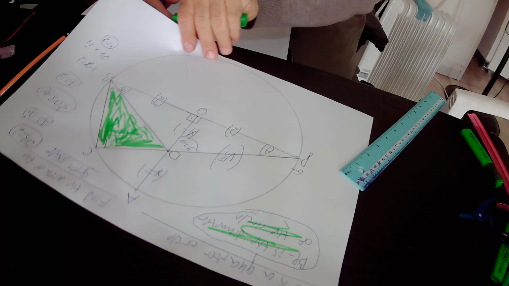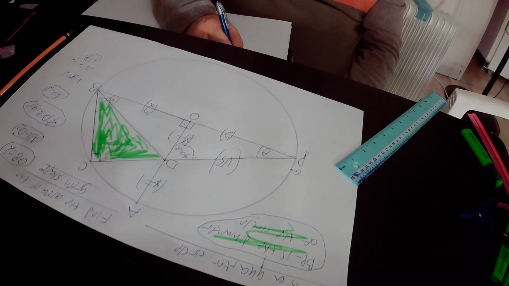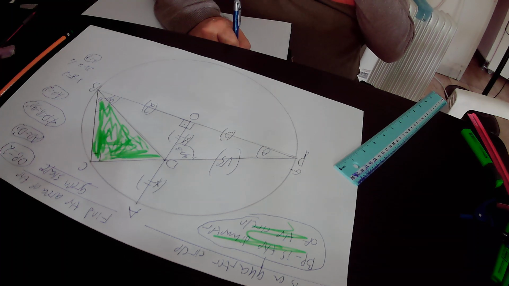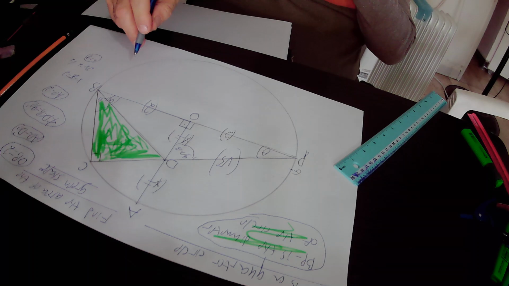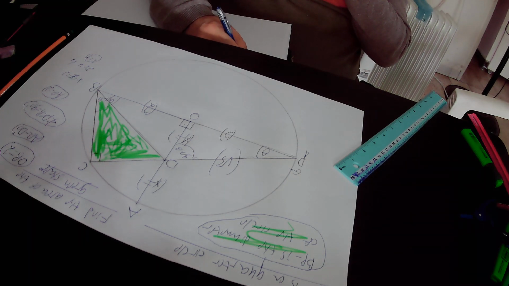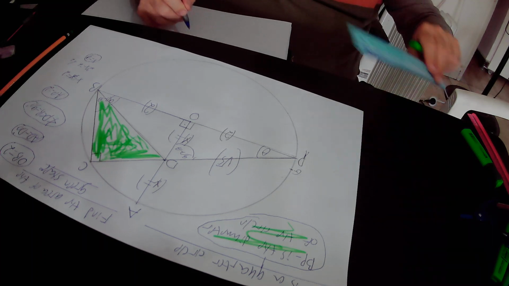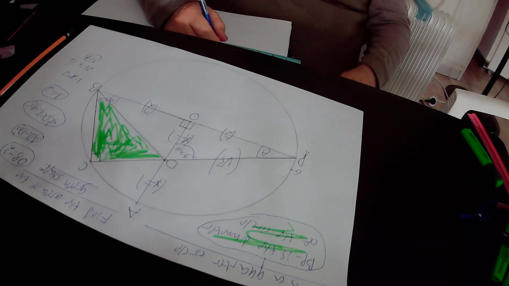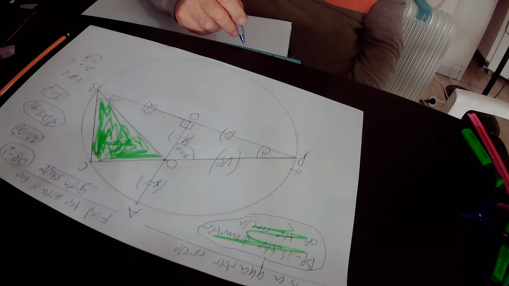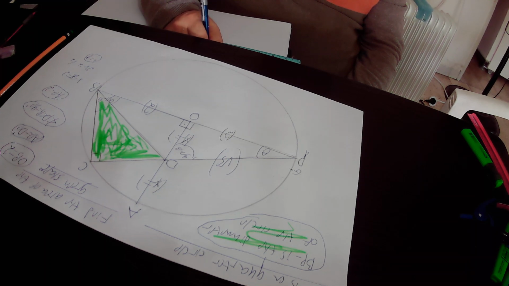That side PD in the small triangle PDO over side PB in the big triangle PCB equals side DO in the small triangle PDO over side CB in the big triangle PCB, and it also equals side PO in the small triangle PDO over side PC in the big triangle PCB.